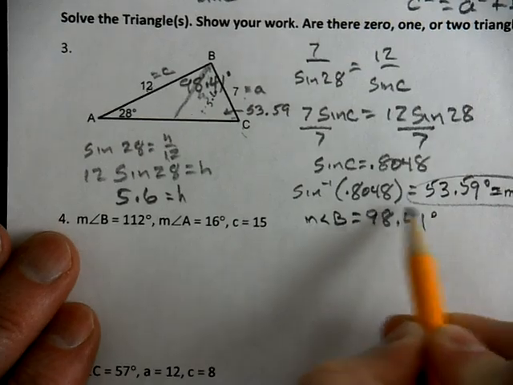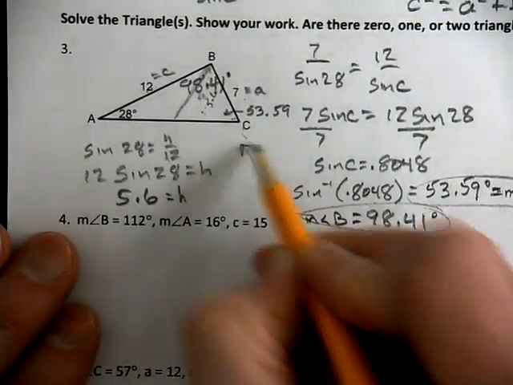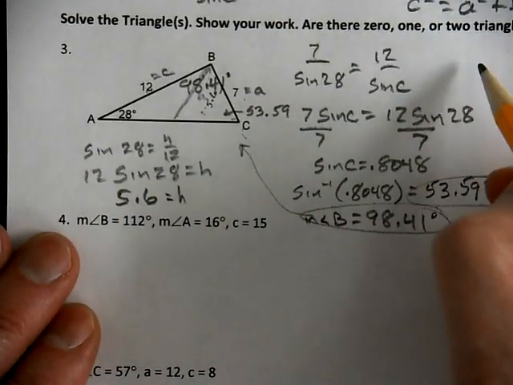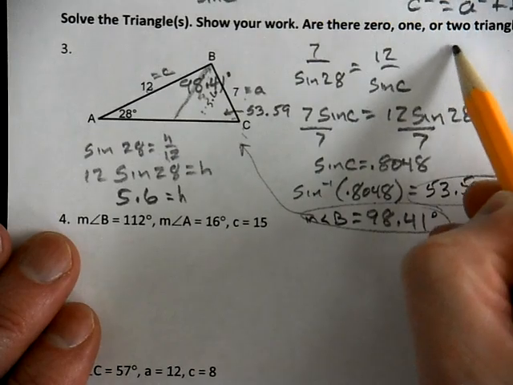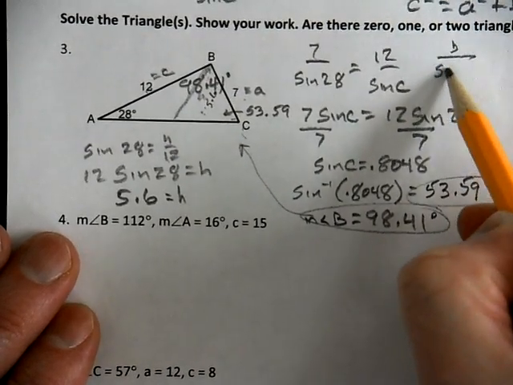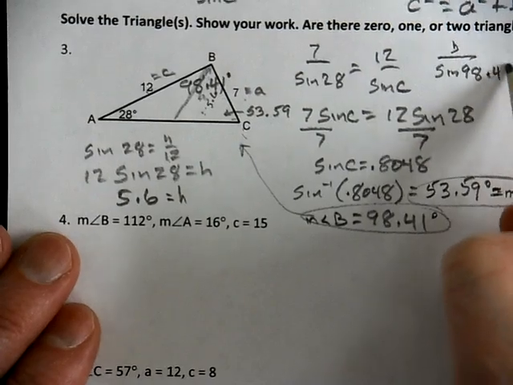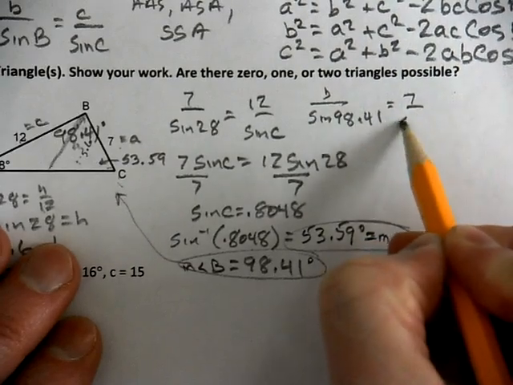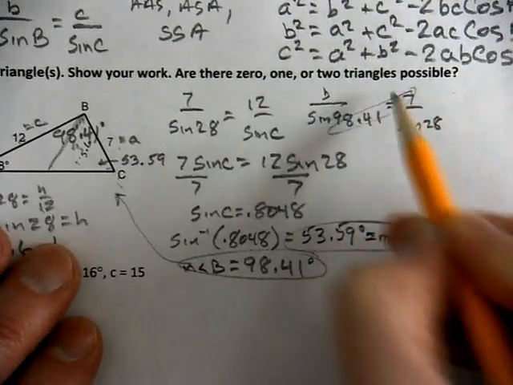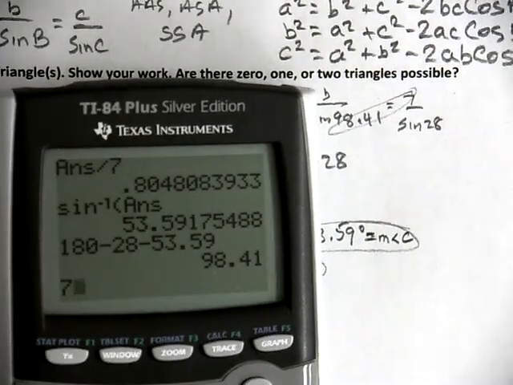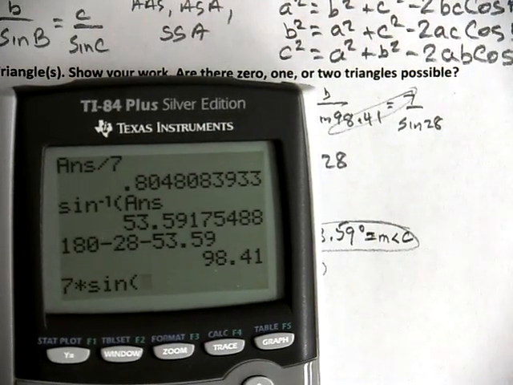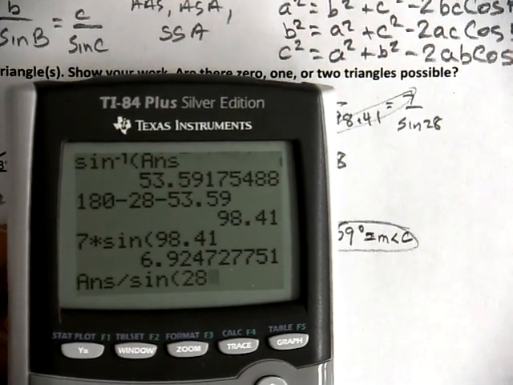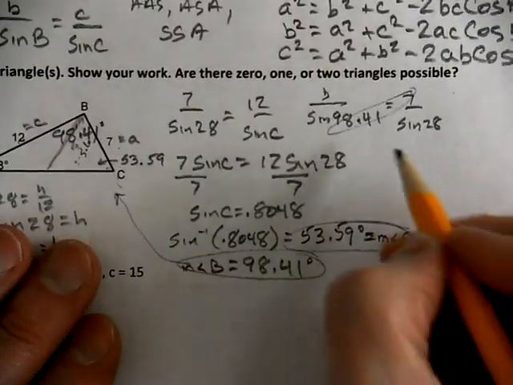So that's our angle B. And then to find our last side, that would be side B over the sine of 98.41 is going to equal 7 over the sine of 28. 7 times the sine of 98.41 divided by sine of 28 gives us 14.75.